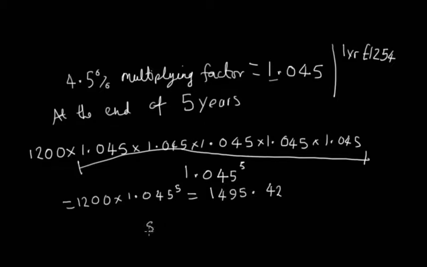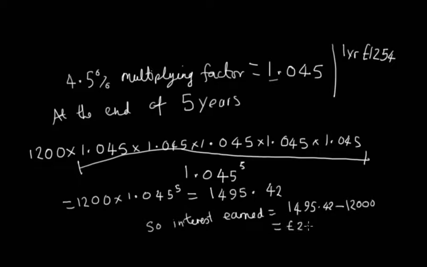So the compound interest earned is going to be the sum after 5 years minus the original amount, which gives us £295.42.